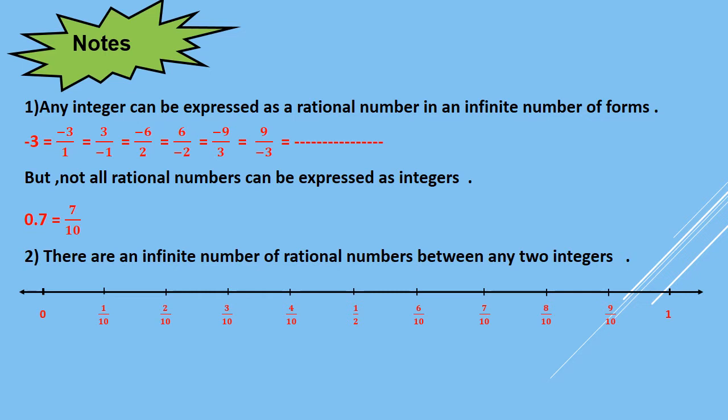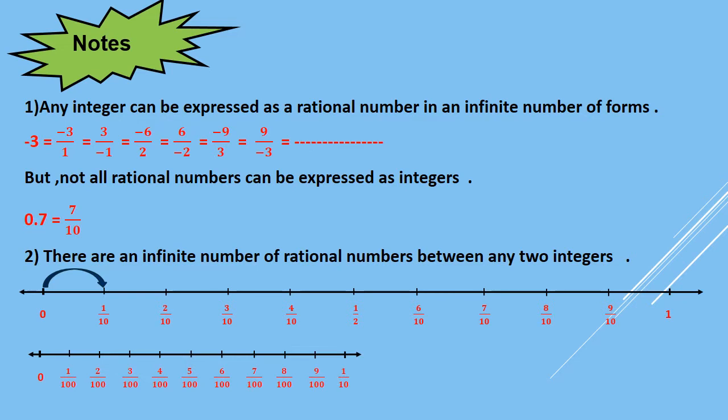And between 0 and 1 over 10, I can put more numbers. For example, I can find 1 over 100, because 1 over 10 equals 10 over 100. So I can write 1 over 100, 2 over 100, and so on.